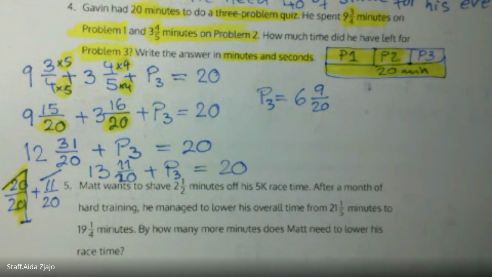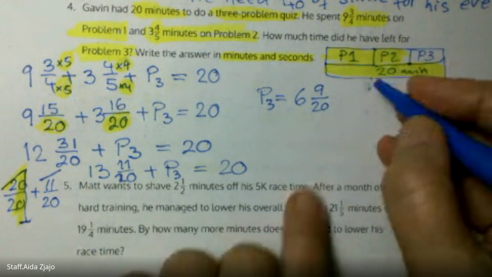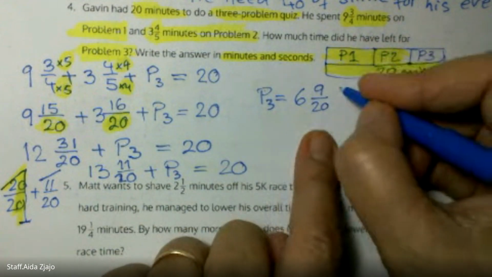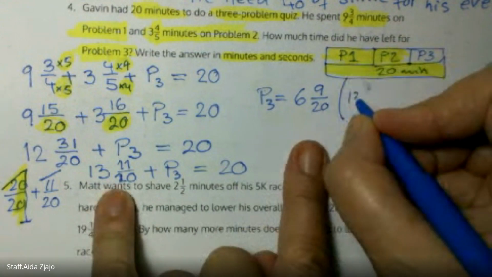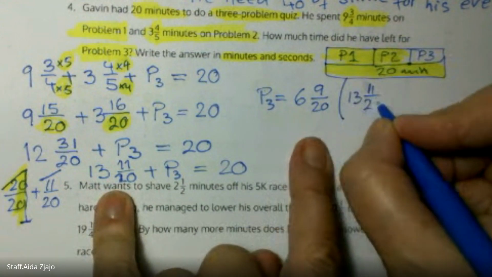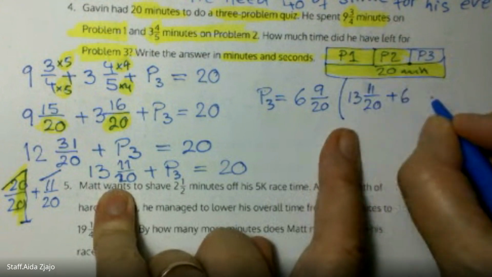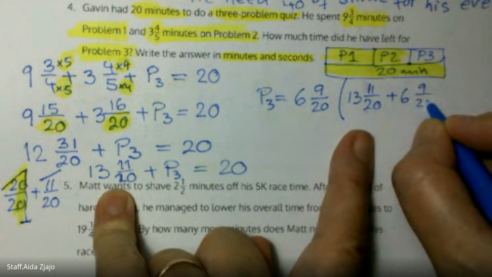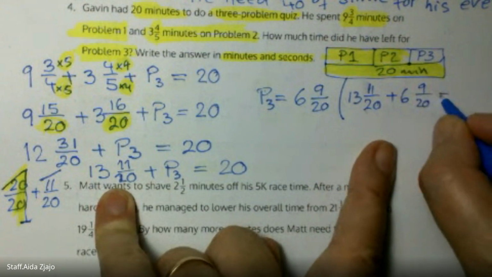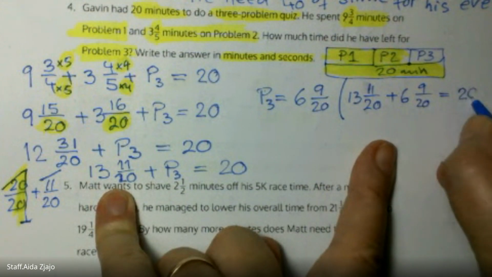And we can check. Okay, so if you say 13 and 11 20ths plus 6 and 9 20ths must equal 20.